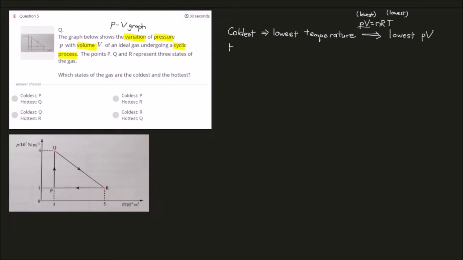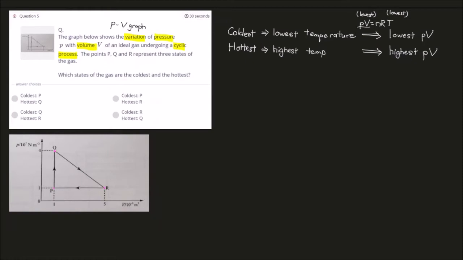For the hottest, the whole logic is the opposite. If you want to find the hottest gas, that means you want the gas with the highest temperature. The highest temperature just corresponds to the highest PV. For this situation, finding the lowest PV is quite direct.